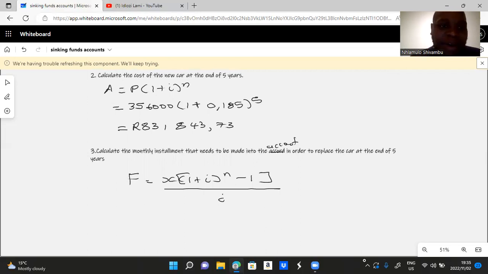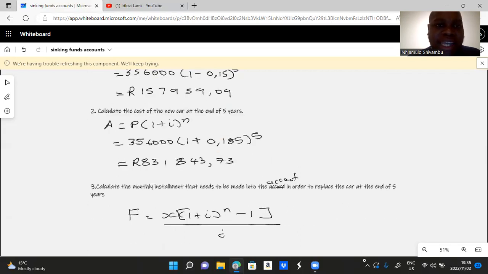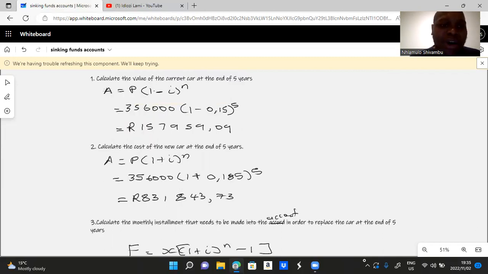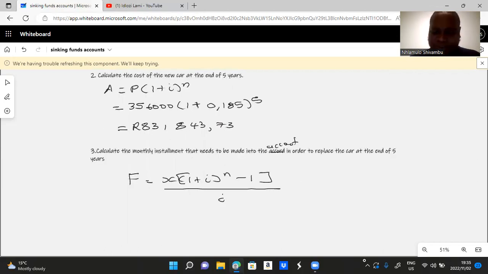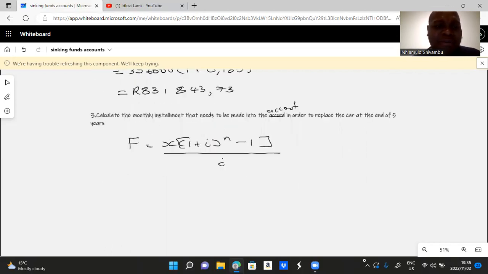But this is not the amount that the company needs. The company is going to sell the old asset, remember, right? And the money that they're going to get from selling the old asset, they're going to use towards the purchase of the new car. So this means that the money that the company needs, which is the future value, the F value that we have here, will be what?